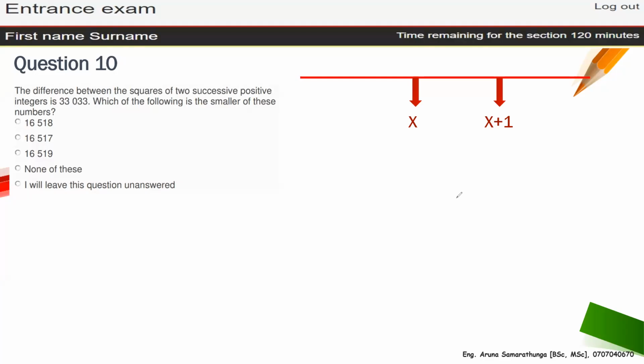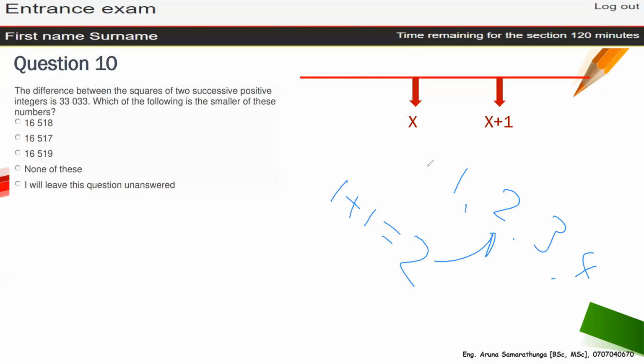If you take this, we don't know exactly what the number is here. If I take it as x, then the other number is x plus 1, because the integers appear as 1, 2, 3, 4. So 1 plus 1 is 2.